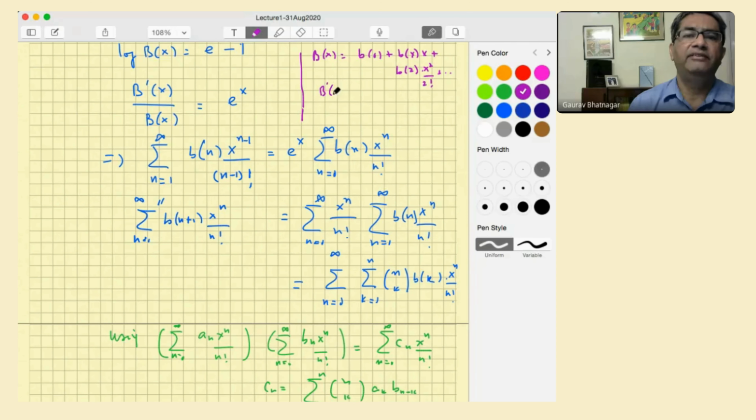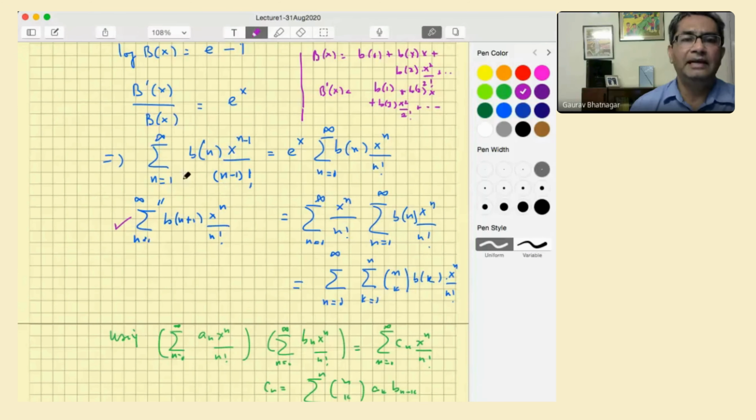If I take the derivative, this term goes away and I get b1, and then I get 2 times x over 2 factorial, so I get b2 times x plus b3 times x squared over 2 factorial, and so on. So I'm essentially starting from 1, and that's the reason why this happens.